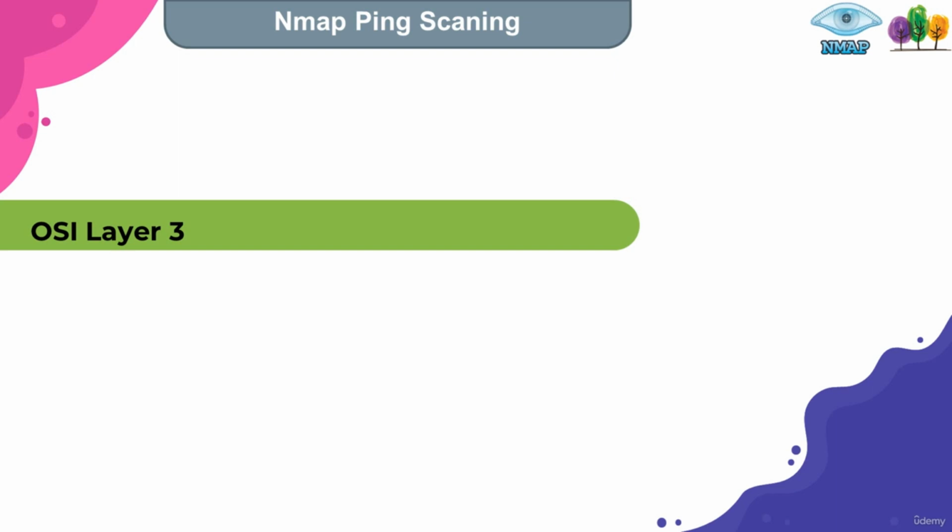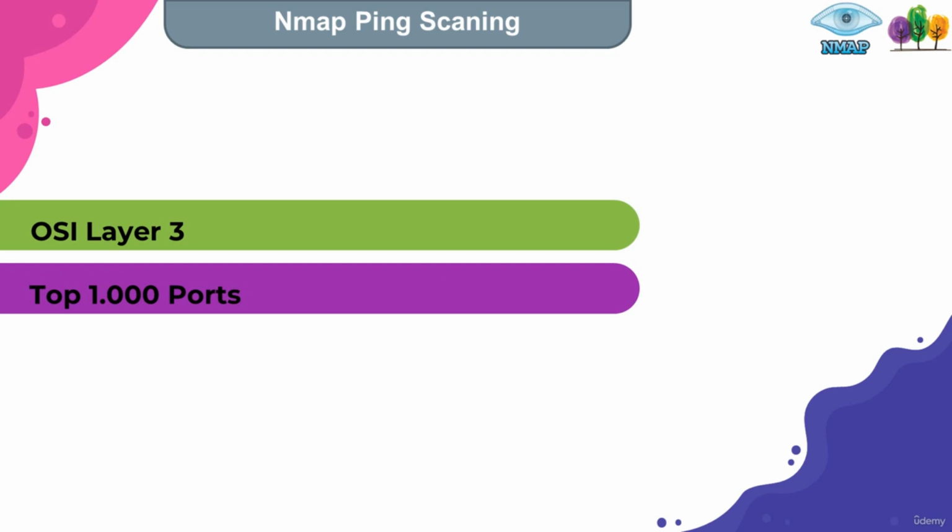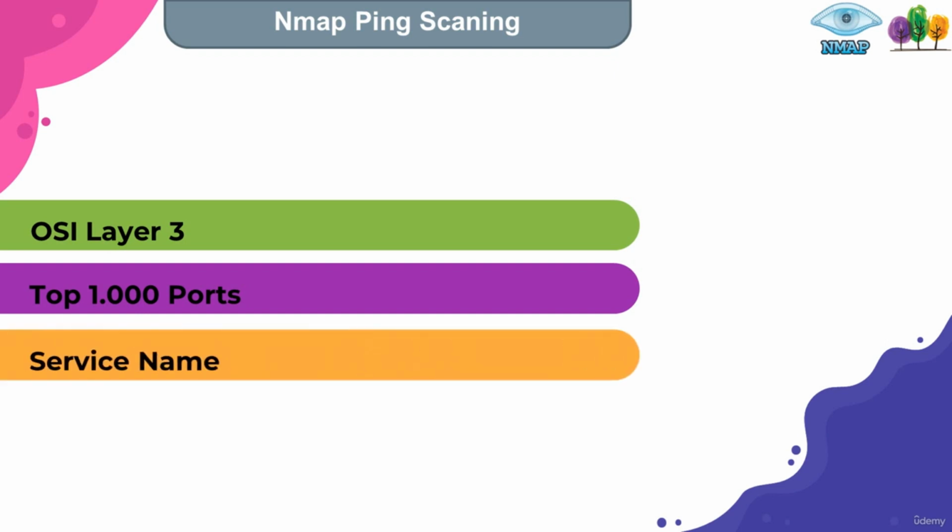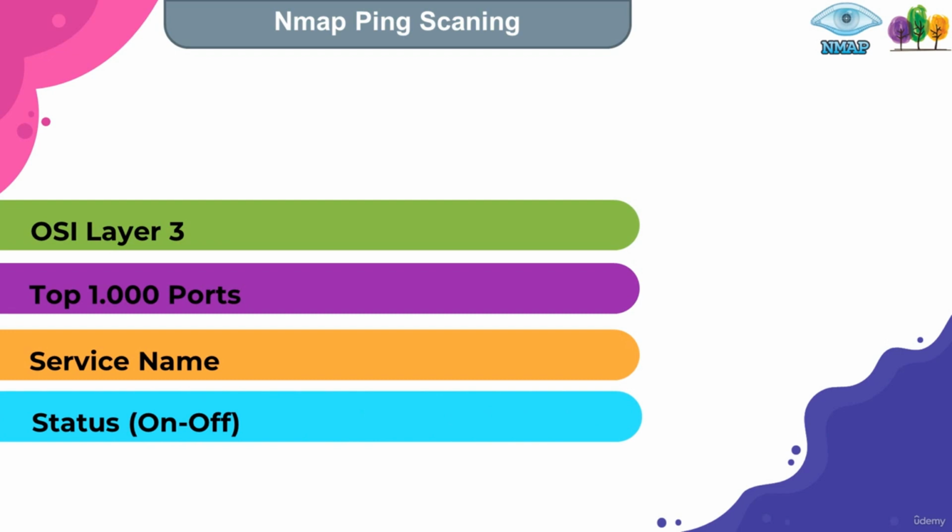Now, getting back to the NMAP scan that we perform, it will occur on the network layer, which is OSI layer 3. With a scan, NMAP will try out the first 1,000 TCP ports that are most commonly used, check which ports are available, what their status is, whether it's on or off, and then the service names that will be using those ports.